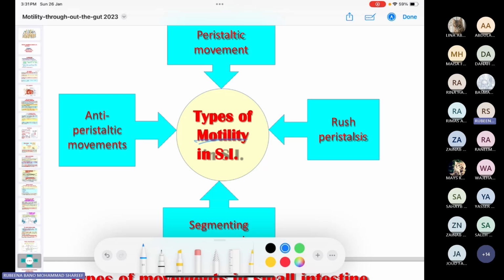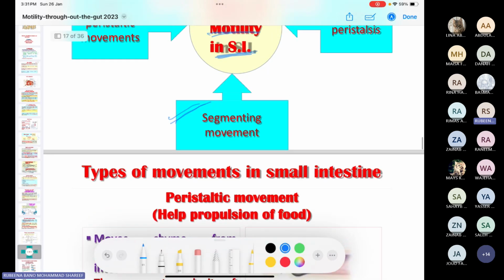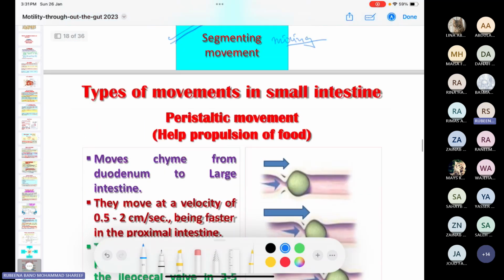We are talking about the small intestine. It has peristaltic movement, anti-peristaltic movement, peristaltic rush, and segmenting movement. Segmenting movement is also called mixing movement. We will discuss it later.